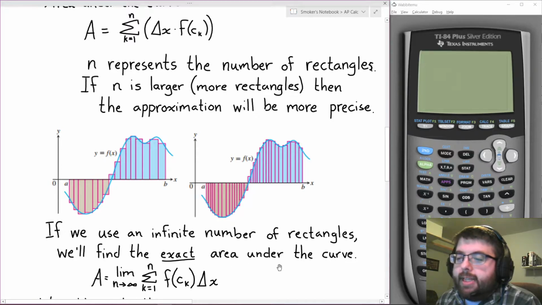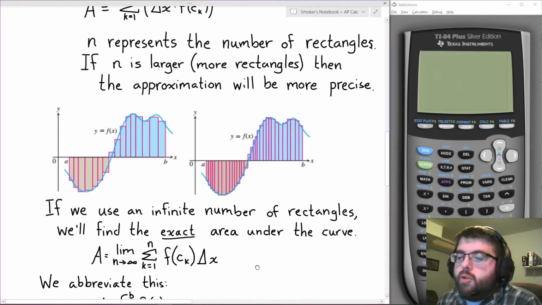This will give us the exact area under the curve. So the limit, as n approaches infinity, of the sum from k equals 1 to n of the base times the height of the rectangle will give us the exact area under the curve. We're using the limit to say there's going to be an infinite number of rectangles, and we take the product of each of those infinite number of rectangles. Crazy stuff, but this is what you need to know.